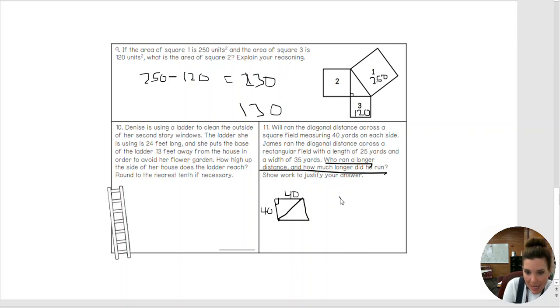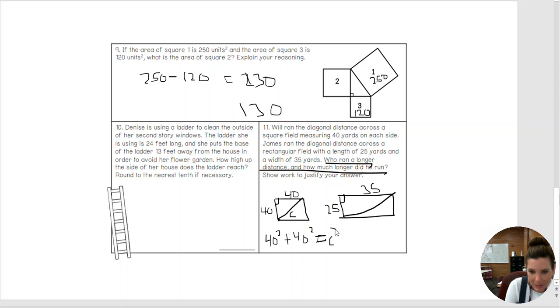And then James ran across a rectangular field that was 25 by 35. And we want to know how far he ran. Okay, so we end up having two different right triangles where we need to figure out side C. So for Will's run, we're going to do 40 squared plus 40 squared equals, we don't know this side right here. So this is equals and then C squared.